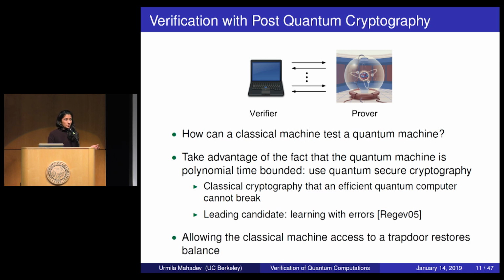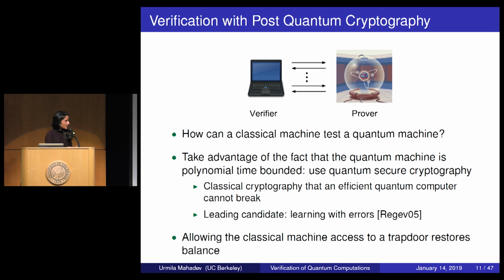In the one-way function example, the trapdoor would allow the verifier to invert the one-way function. Since the prover doesn't have access to the trapdoor, he still can't invert it. So by giving the verifier access to the trapdoor, I've given the verifier a capability that even the quantum machine does not have. This is my way of taking care of the imbalance and making sure the verifier does have some leverage over the quantum prover.